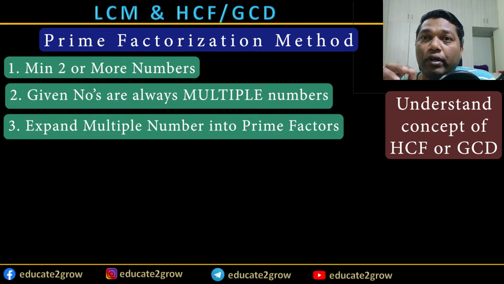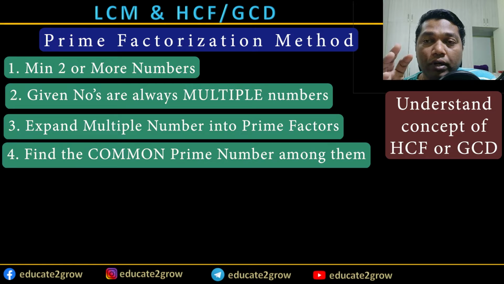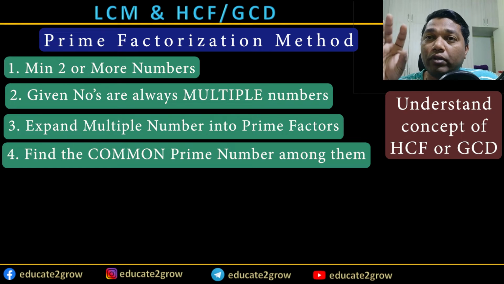Third point is the given numbers we need to expand into prime factors, just like what we did in the LCM. The next point is we need to group. We need to find the common prime number from the expanded form with respect to the other expanded number as well.